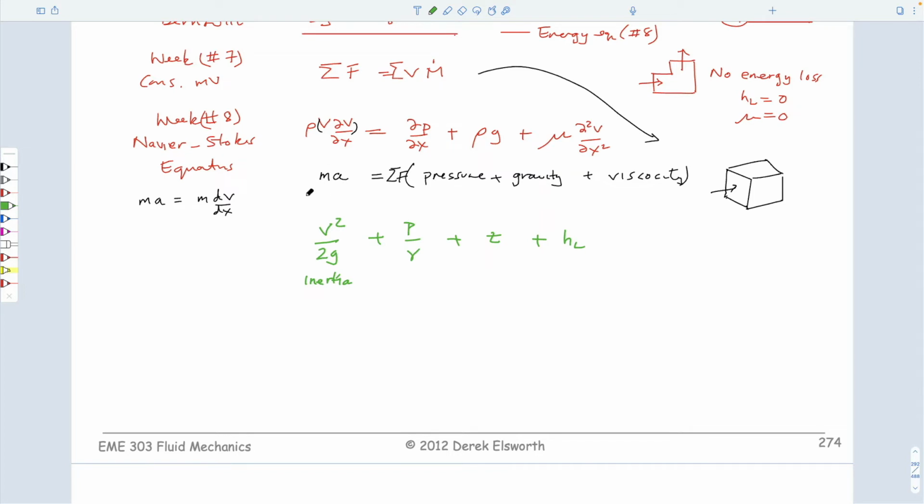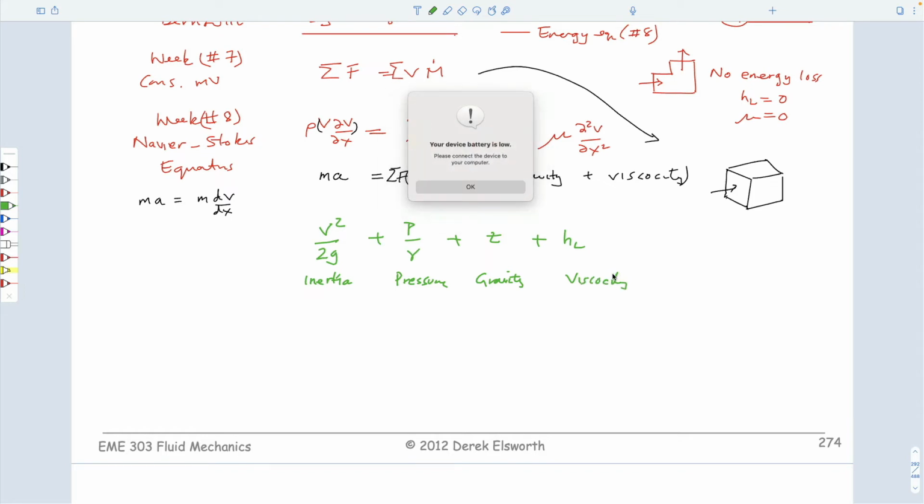When you're accelerating something, the force you have to apply is to overcome inertia. This is, again, pressure. This is gravity, I suppose. And this is viscosity. So these are what those terms represent, and I'm going to use that.